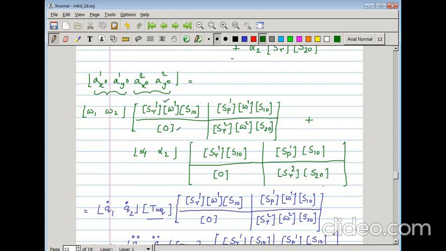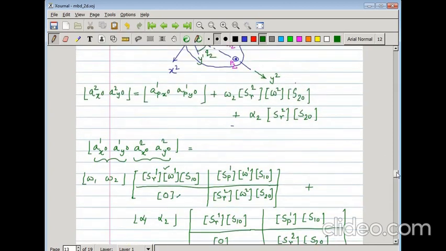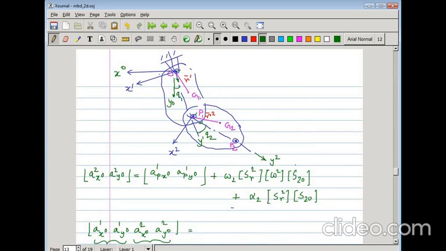So omega 1 in this with this will give you the normal component of acceleration, and alpha 1 multiplied by this and alpha 2 multiplied by this, which is 0. Alpha 1 multiplied by this will give you the tangential component of the center of mass acceleration of body 1. That means center of mass acceleration component, one in the normal direction and the other one in the tangential direction.